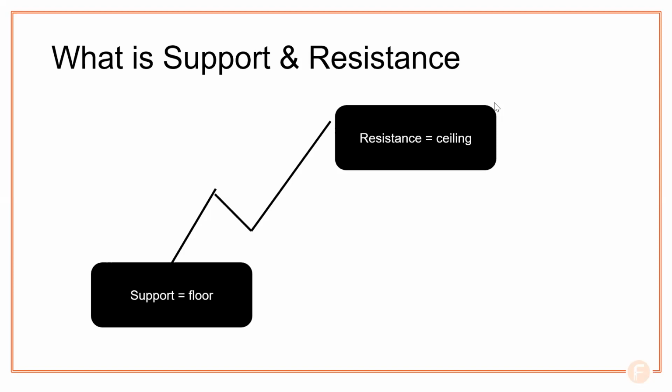Now, if it was going on a downtrend and you had an area of resistance, then you would anticipate that it will hit that resistance zone and then come down. So you're looking for sells. It will be easier for us to go into the chart.